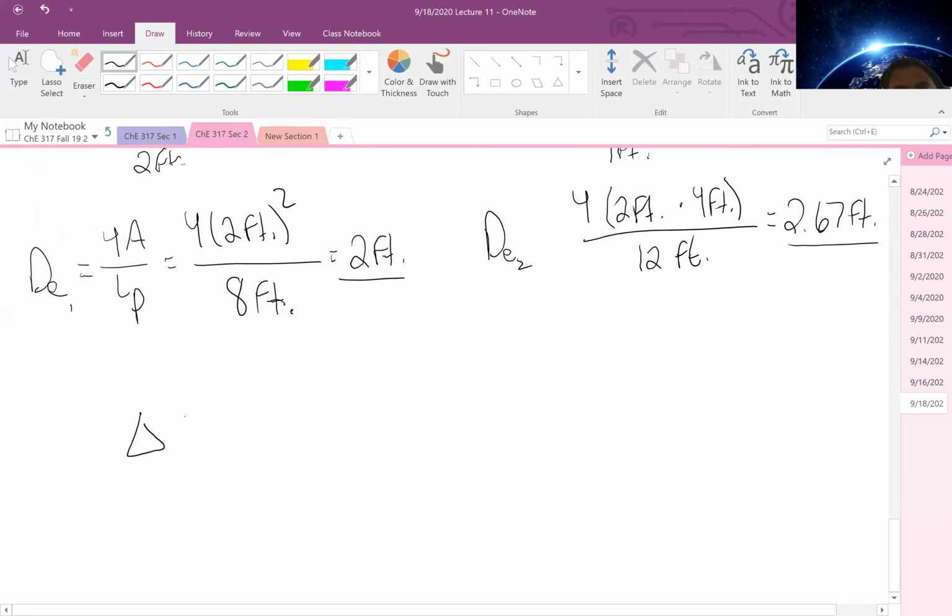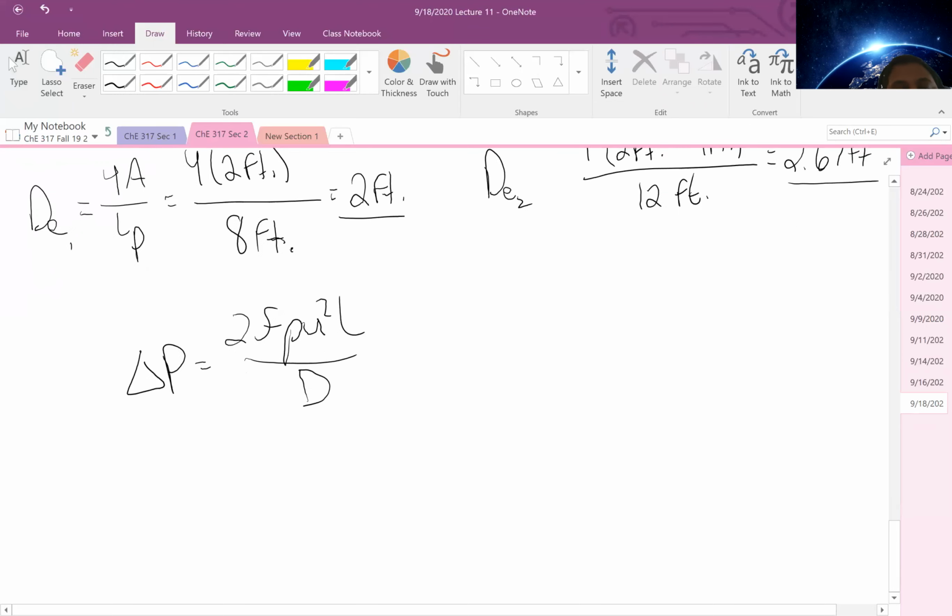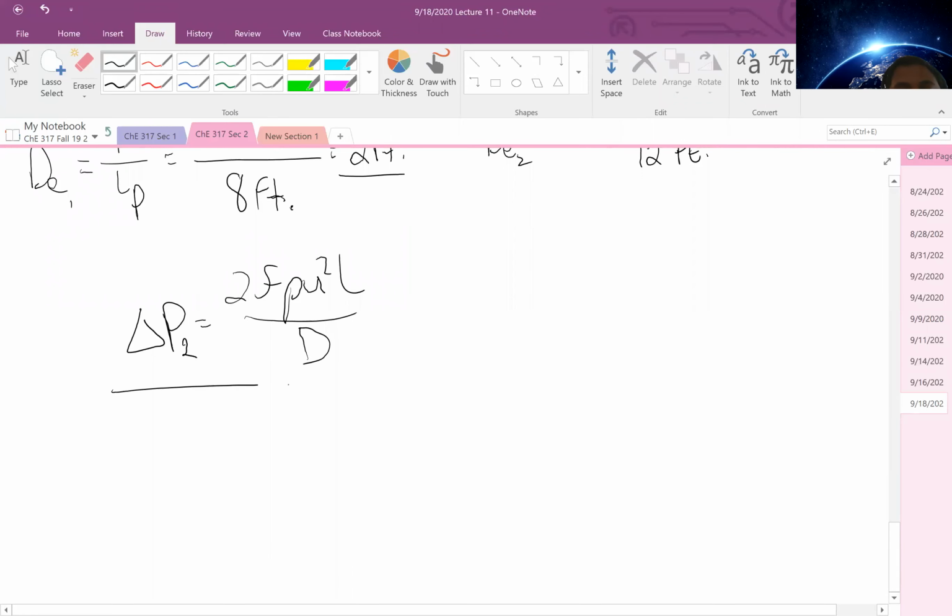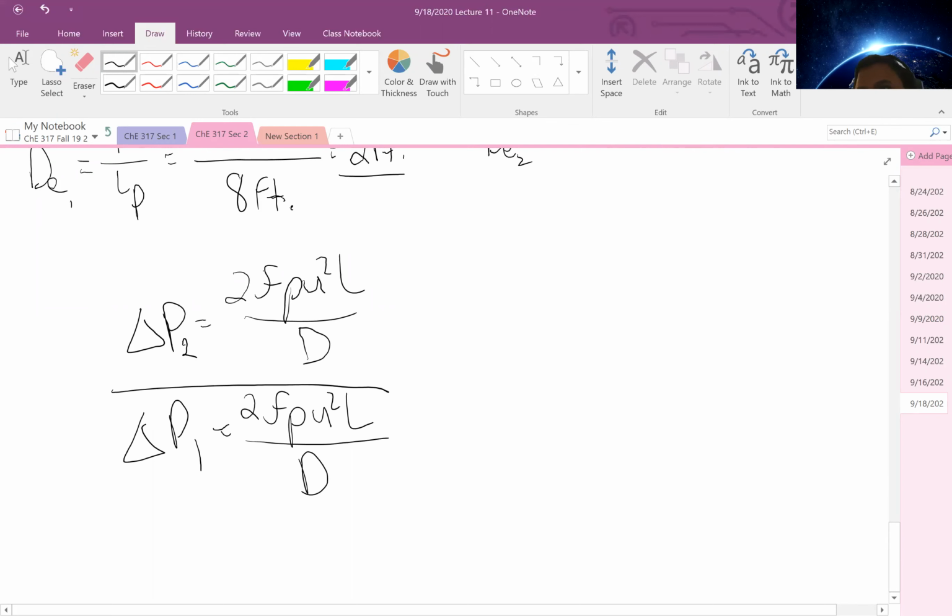Meaning, if I can calculate the pressure drop as 2F rho U squared L over D, I can state that the ratio between each system should be unity.